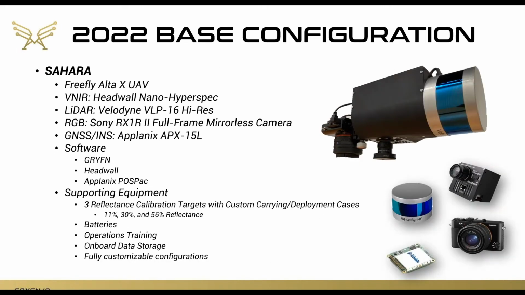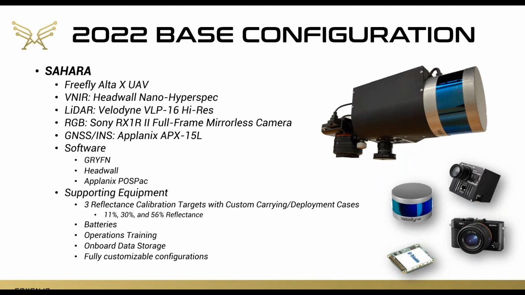So regarding our sensor integration, I want to talk a little bit about our standard platform for agricultural research, what we call the Sahara system. In some of the previous slides, you might have seen our system mounted on a DJI M600 UAV. Since those are being phased out, we're switching over to a FreeFly Alta X UAV platform.